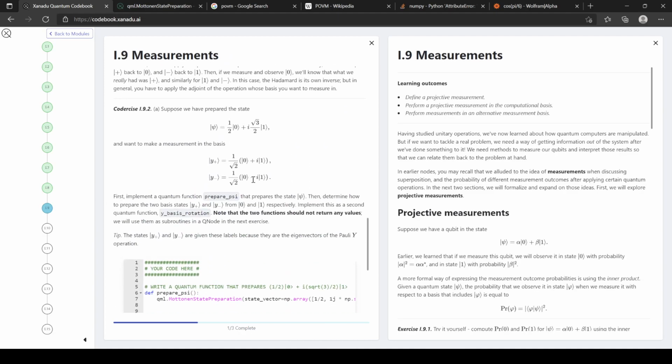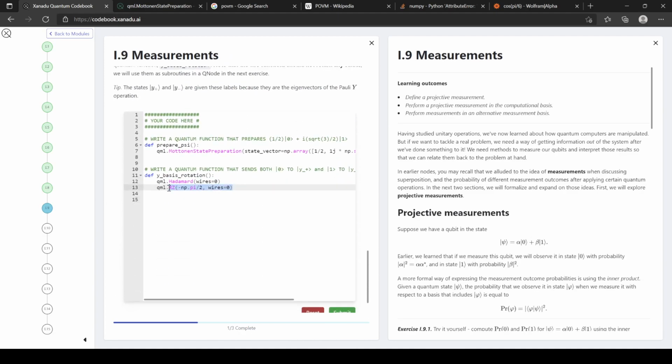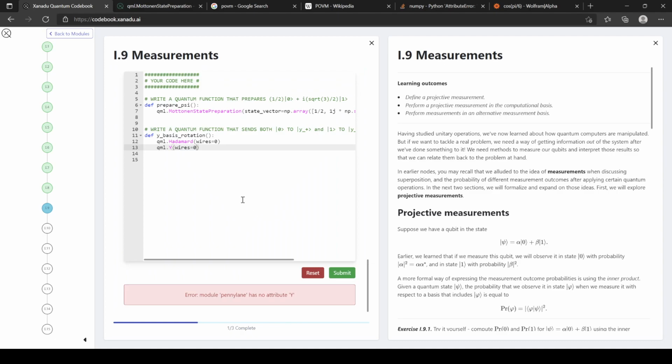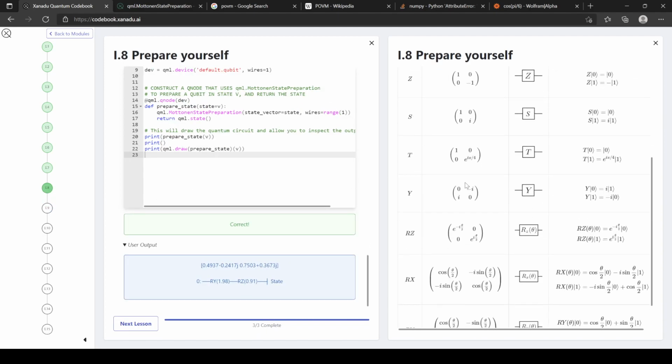I guess we can just apply a Y gate here. Because if we remember, that just adds an i and a negative i, so... Oh, right. Pauli Y. No, that's not right. Oh, right.